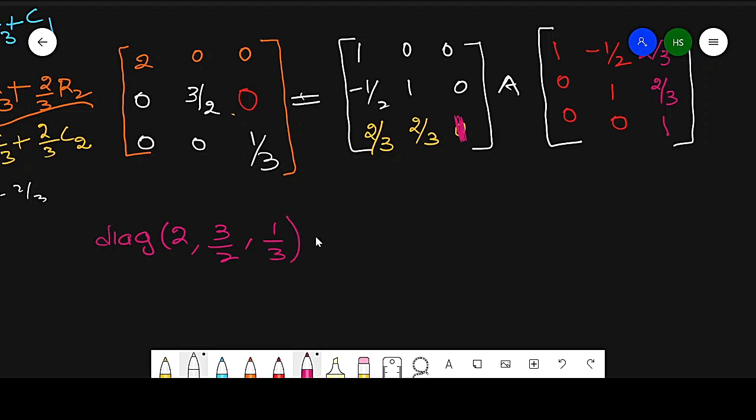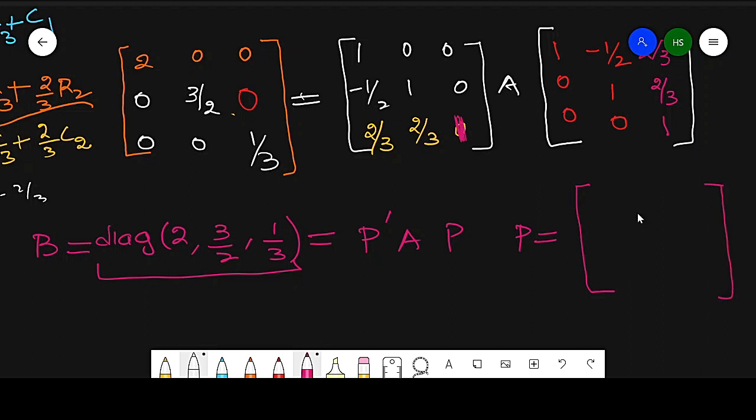This is the B matrix, and this is the P dash matrix, A into P. So this matrix is the B matrix. So what is the P matrix? P matrix is equal to 1, minus 1 by 2, and 2 by 3, 0, 1, 2 by 3, and 0, 0 and 1.